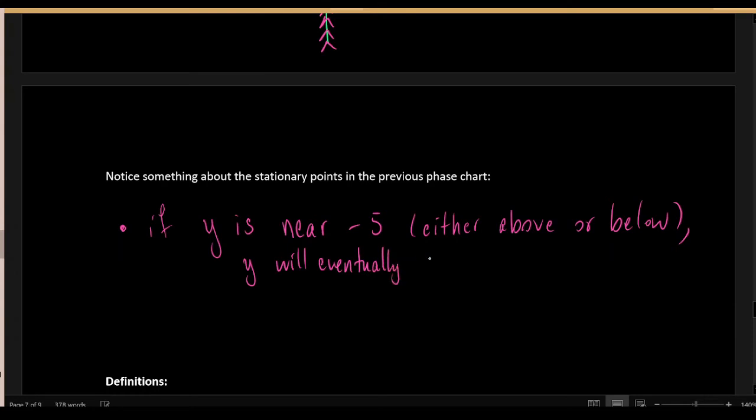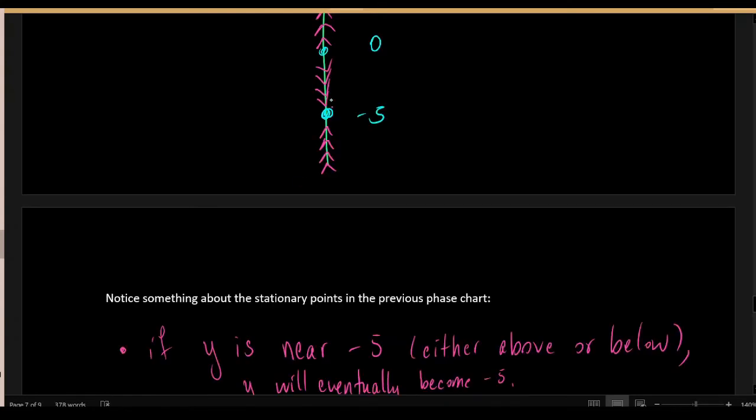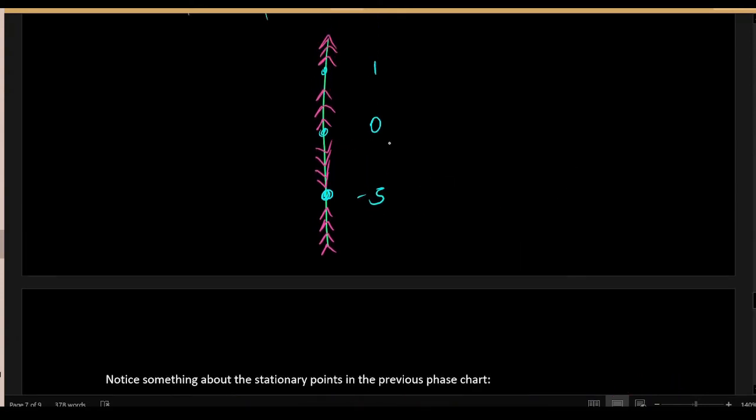So put your y value anywhere slightly above or below -5, and it's going to get sucked in toward this stationary point. Almost the opposite thing is happening at 0. If you start anywhere near 0, then the y value is going to move further away from 0. These arrows are pointing in the direction away from 0.